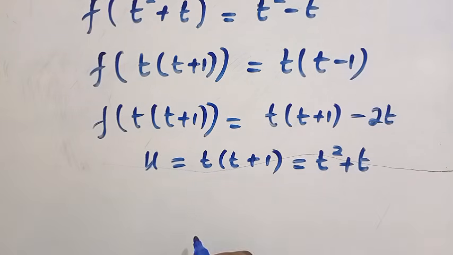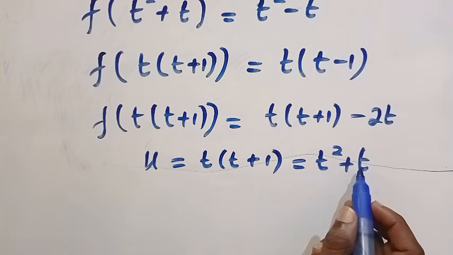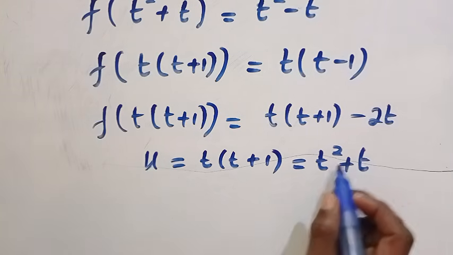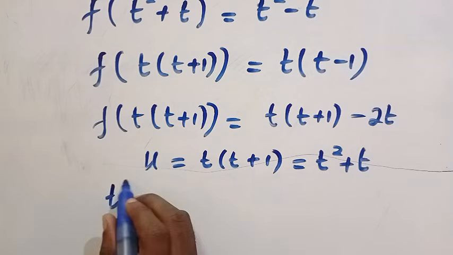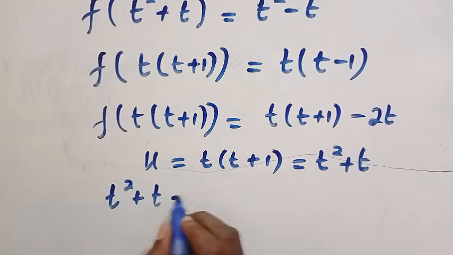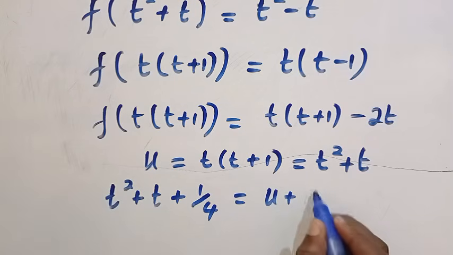This is what I will do. Here it is just u equals t squared plus t. If I add 1 over 4 to both sides, we have t squared plus t plus 1 over 4 equals u plus 1 over 4.